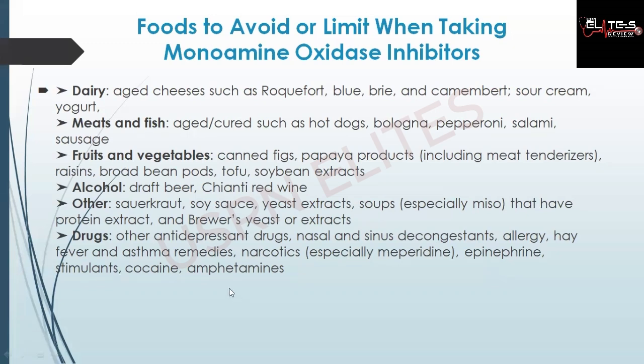So remember that these drugs, you shouldn't take them with what? Monoamine oxidase inhibitors. Don't take other antidepressants, whether tricyclics or SSRIs, with monoamine oxidase inhibitors. Generally, you remember I said it, don't take any two forms of antidepressants at a time.